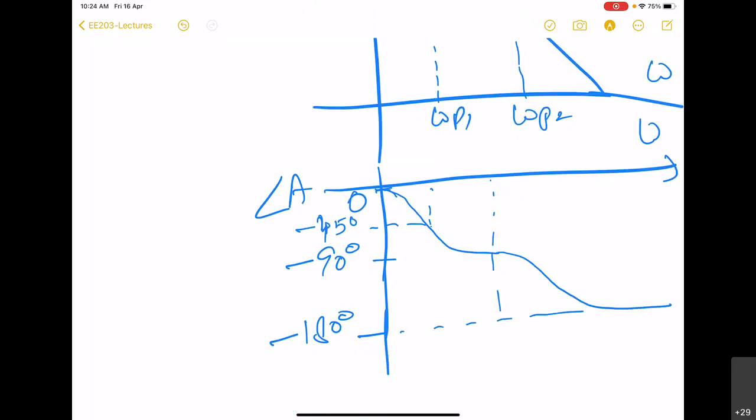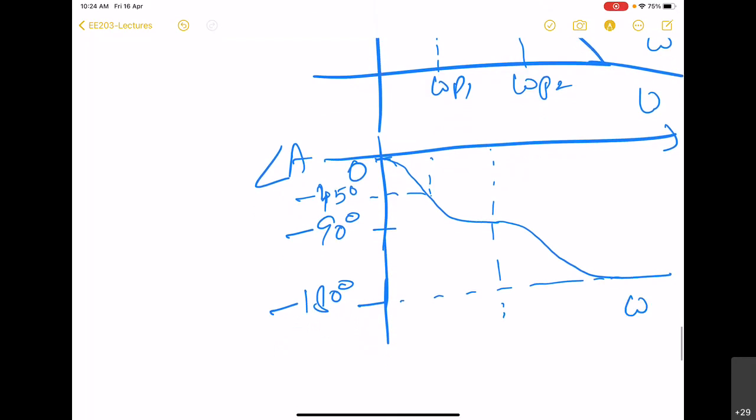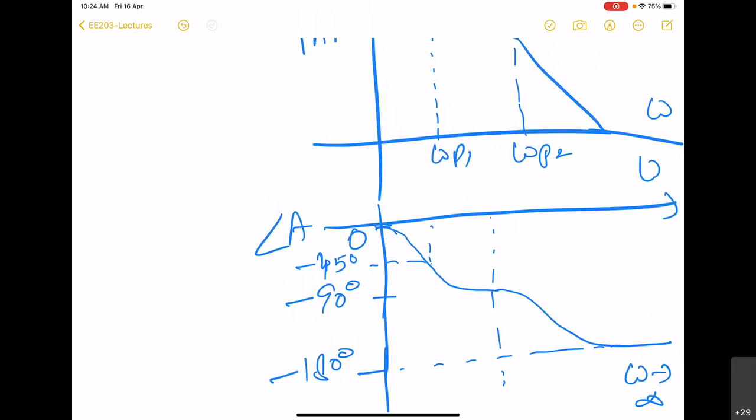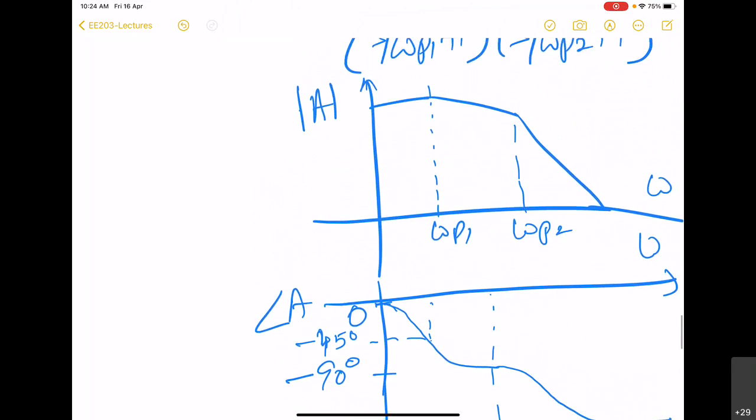So finally we have 180 degrees phase, but at omega infinity. So here we are able to achieve phase of A equal to minus 180 degrees, but at omega equal to infinity.